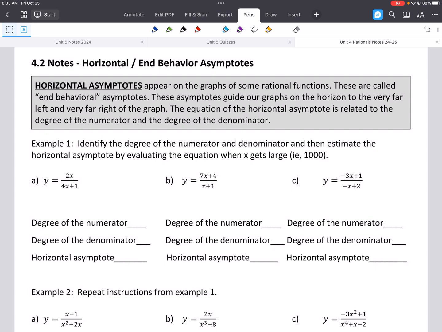These ones are not as cut and clear as the vertical asymptotes, but if we can come up with some sort of pattern, I think it will really help us so that we can find those easily.